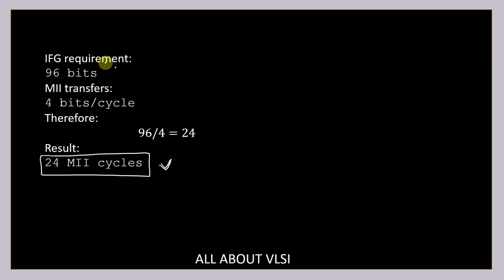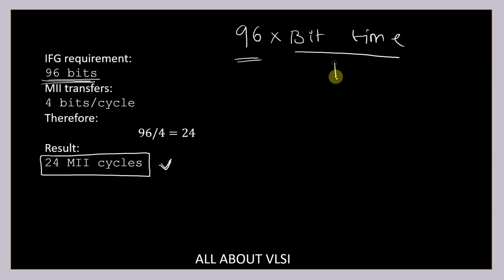Now, here, let's say the interframe gap requirement is basically 96 bits. Okay, 96 into bit time, right? That means 96 into the time required for transmitting a single bit. So this is nothing but time for one bit, right?